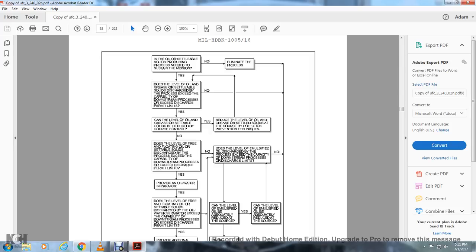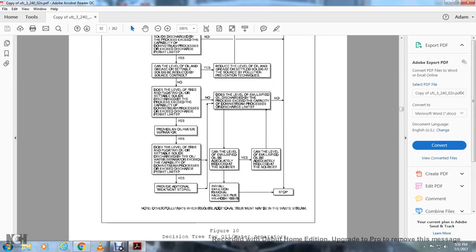If no, does the level of emulsified oil discharged by the process exceed the capacity of the downstream process and oil discharge limits? If no, then stop. Does the level of free floating settable solids discharged by the process exceed the capability of the downstream process or exceed the discharge permit limits? Yes, provide an oily water separator.